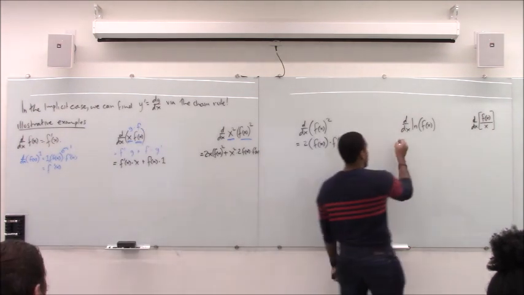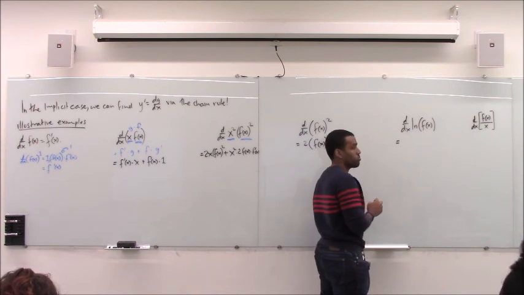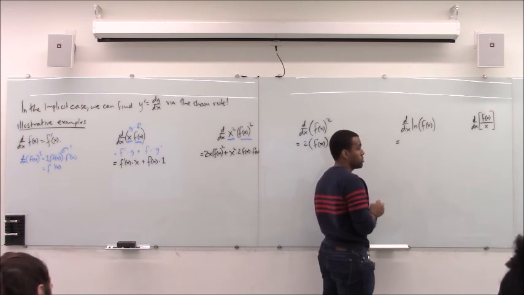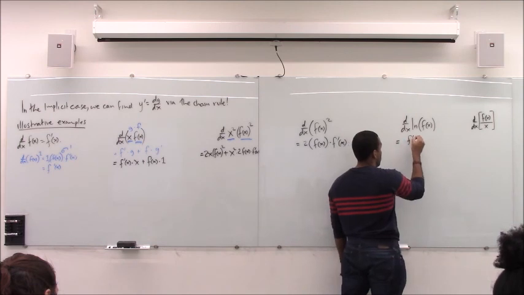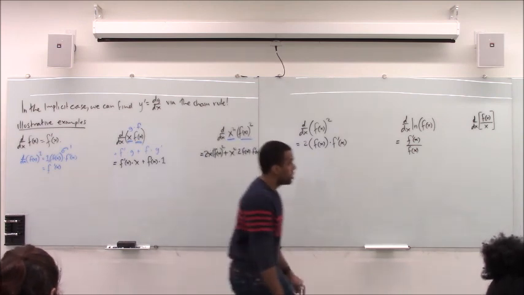How would I differentiate this one? Yeah. u prime over u, which is going to be f prime over f of x. Remember, we derived the u prime over u formula using the chain rule.